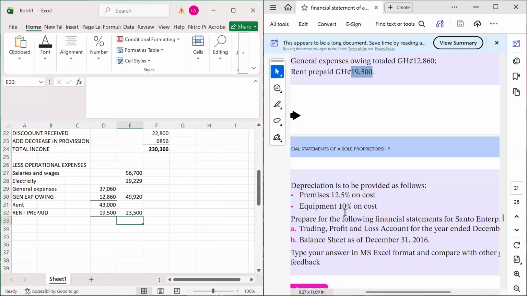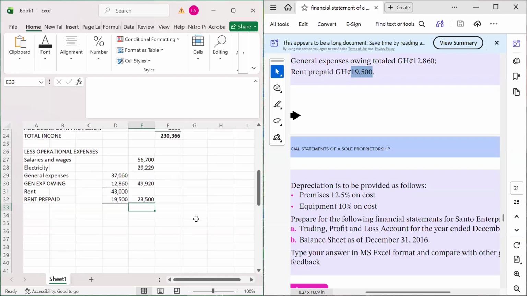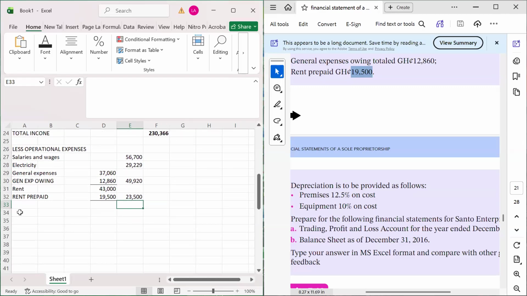Equipment 10% on cost. So what they are saying is that we should charge depreciation. I explained what depreciation means to you last time. And the depreciation we have two. The first one says what? Premises. And then the second one says what? Equipment.